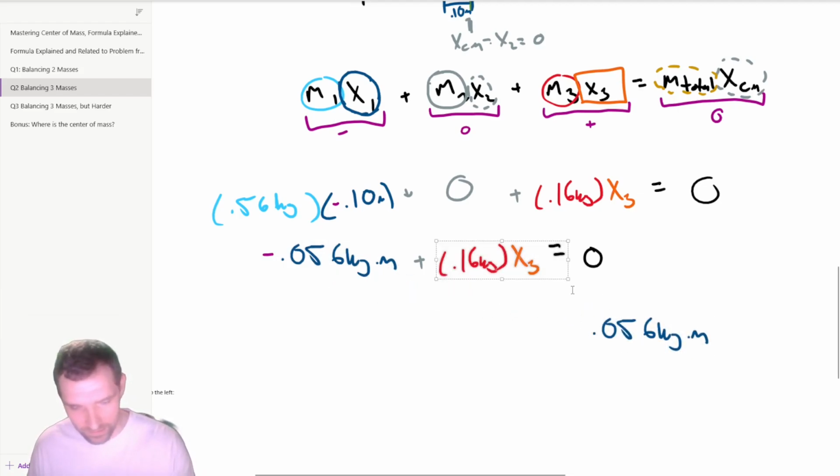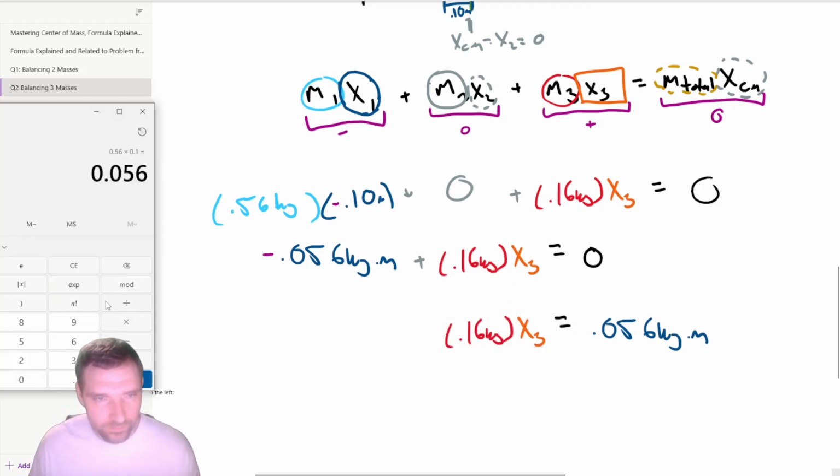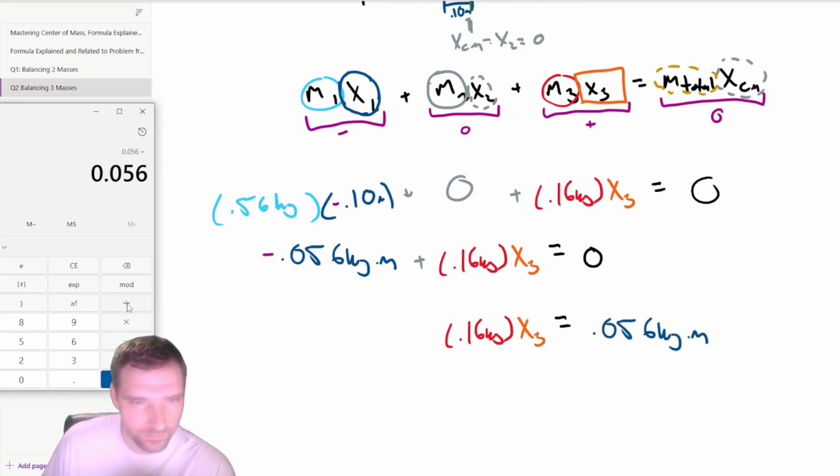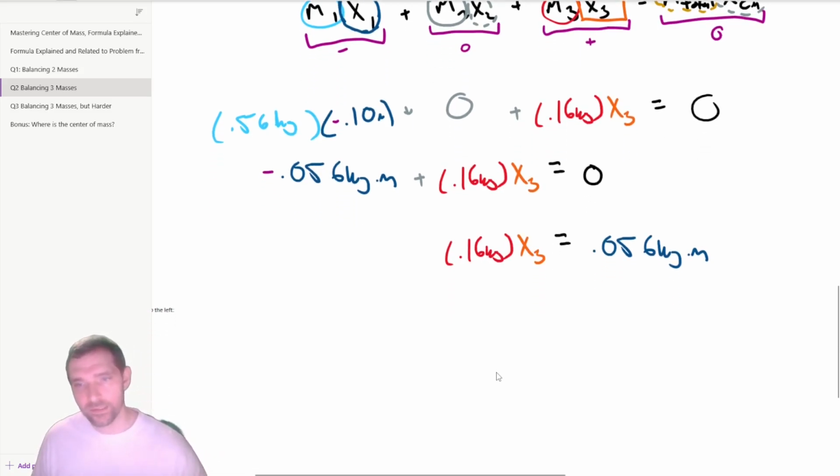That's being equal to this now, and you just divide by that 0.16, and we should get a number. Okay, so x3 in this reference frame is 0.35 meters away.